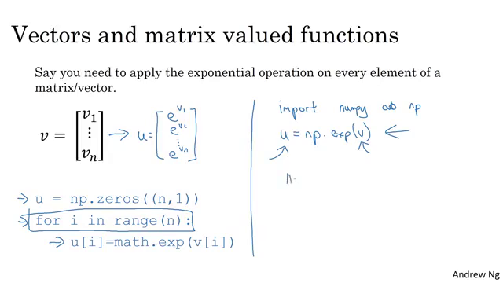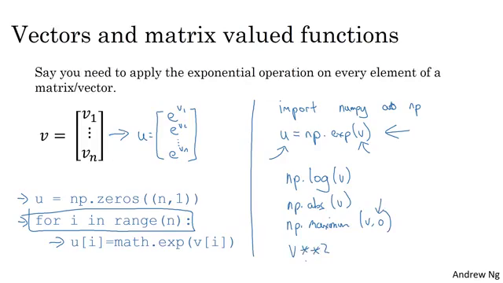In fact, the NumPy library has many other vector valued functions. np.log(v) will compute the element-wise log, np.abs computes the absolute value, np.maximum computes the element-wise maximum, so you can take the max of every element of v with 0. v**2 takes the element-wise square of each element of v, 1/v takes the element-wise inverse, and so on.